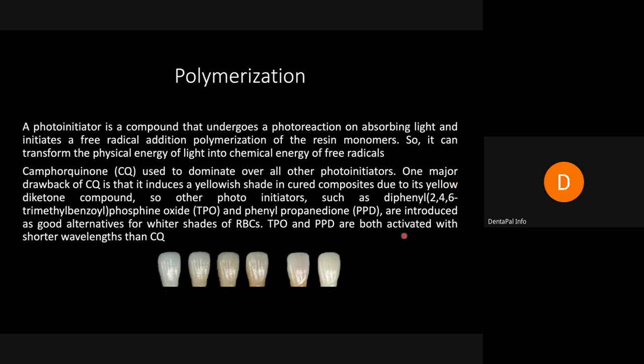When you apply the adhesive system, you can see that the bond is yellow in color. Actually, this color came from the camphorquinone. It is a yellow solution, and when it absorbs water, it turns into almost a translucent, whiter shade of the composite, and thus will also help in determining the shade of composites. So it is an initiator and also helps in determining shades of composites.